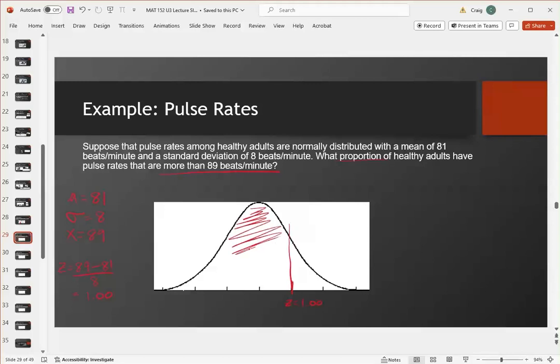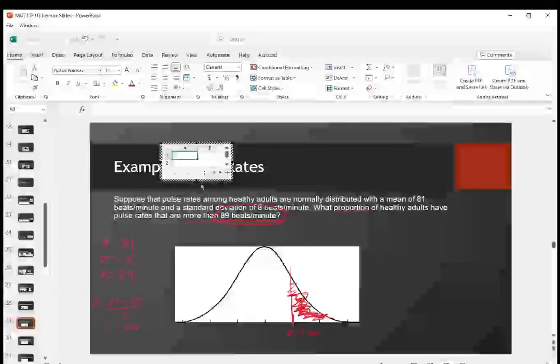Then we want all of this area. I'm sorry, we're looking for above, more than. We want all of this area to find the proportion that will have more than 89 beats per minute. This is not as simple as just knowing this, you have to use the table or you have to use Excel. I'm going to try something here, bear with me for just a second.